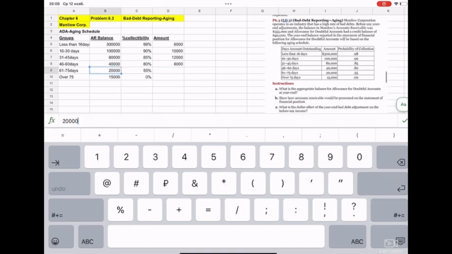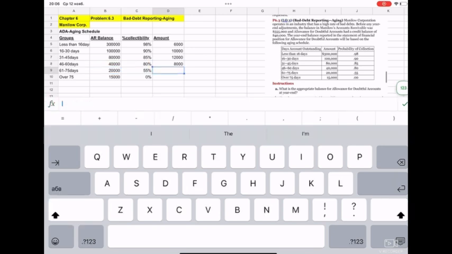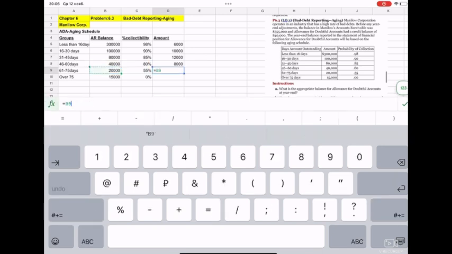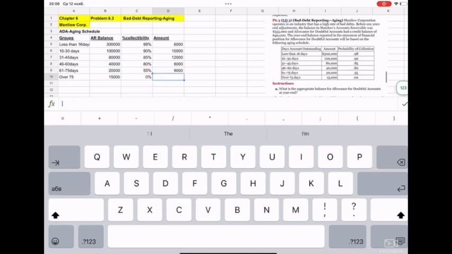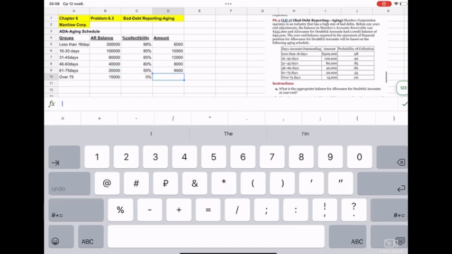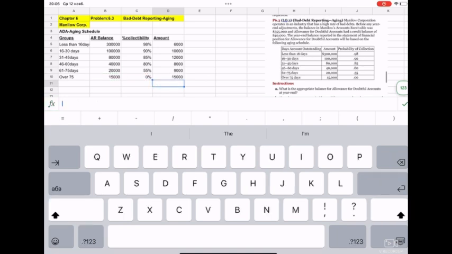And here I want to calculate the sum of the amounts. The sum is 60,000. And here I have to calculate the sum of account receivable balances.